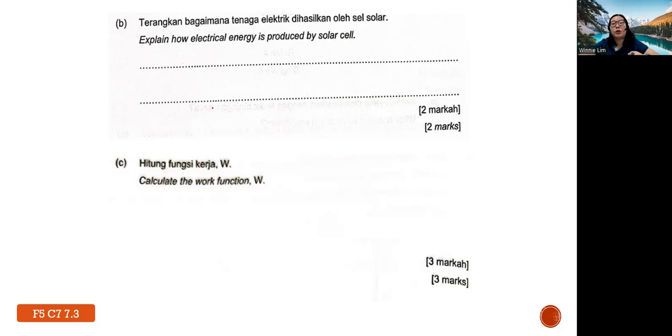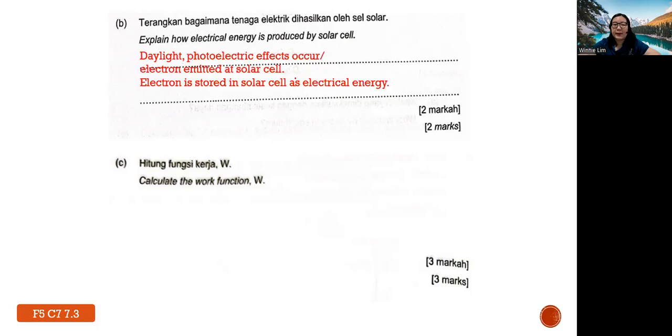They will be stored in the cell. When you need energy, they will convert this energy to electrical energy and supply it to the electrical device. Yeah, so this is how you write it. In daylight, the photoelectric effect occurs, that means electrons are emitted out. Then the electrons are stored in the solar cell as electrical energy.